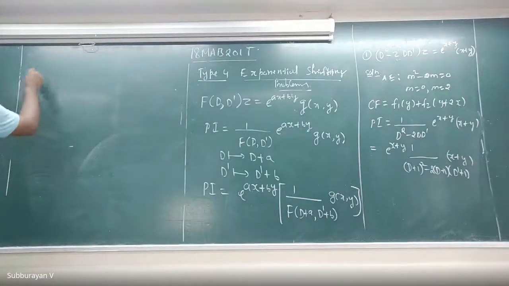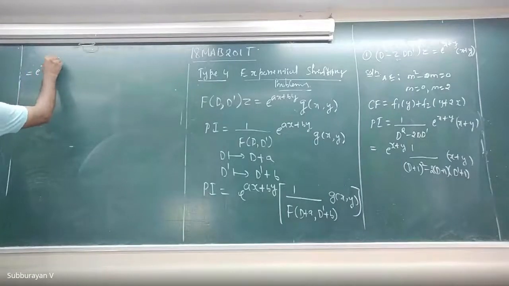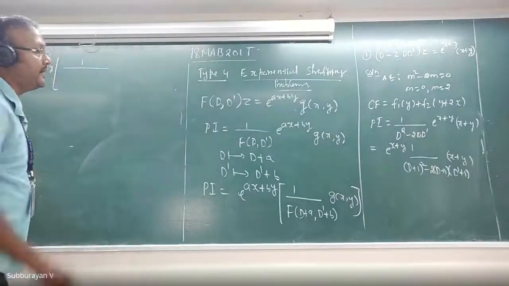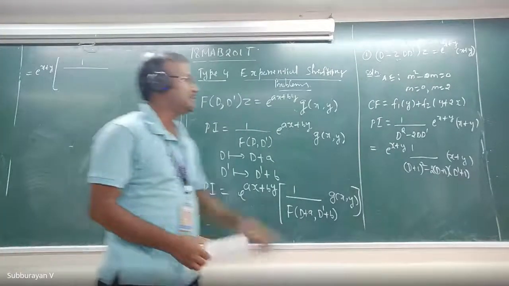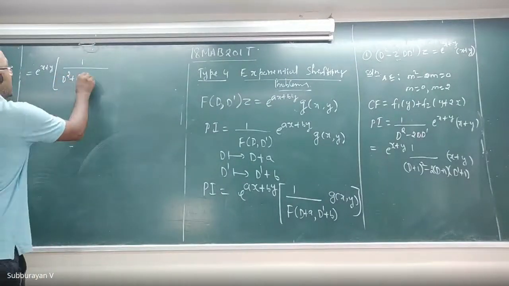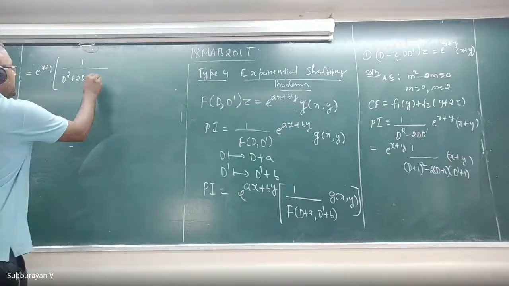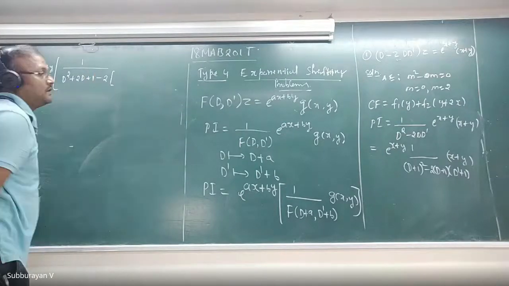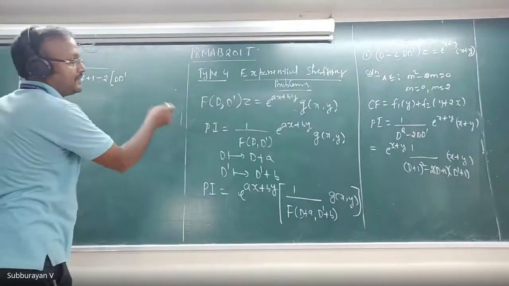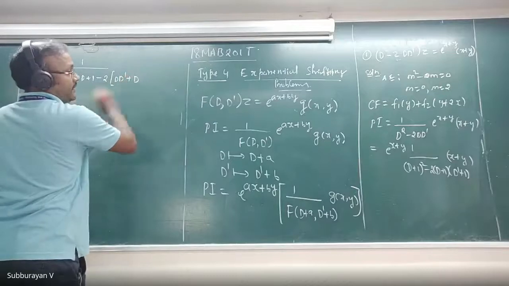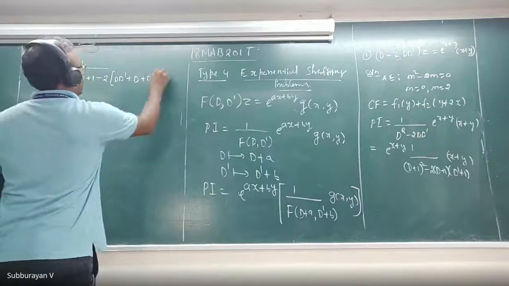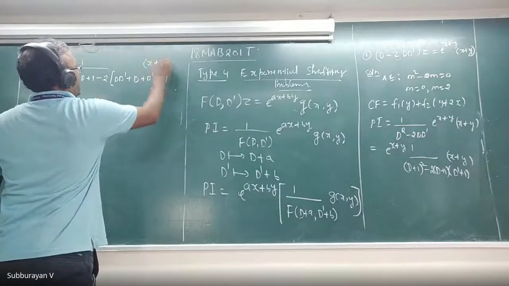Tell me, what is this? Which is equal to e power x plus y, and 1 divided by, what will happen here? This is a plus b whole square formula. D square plus 2D plus 1 minus 2 times of D dash, okay, D dash plus D D dash plus 1, into x plus y.